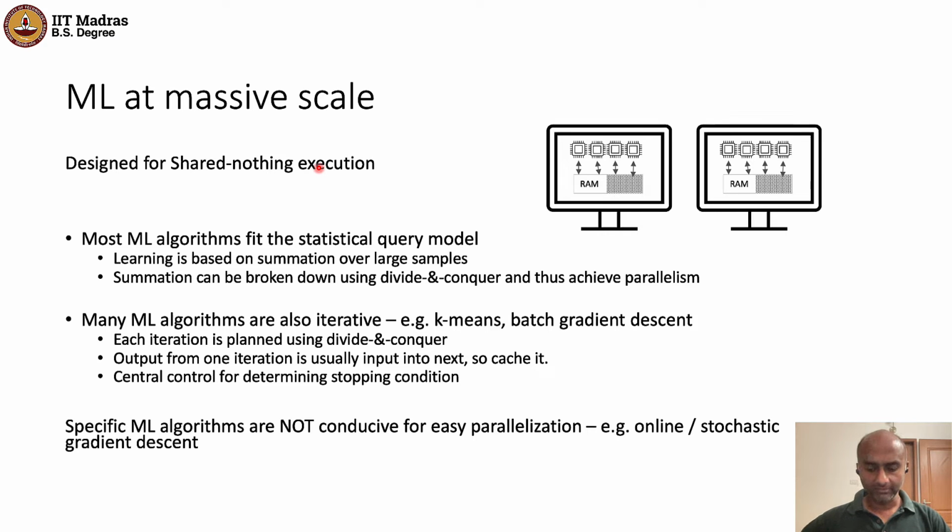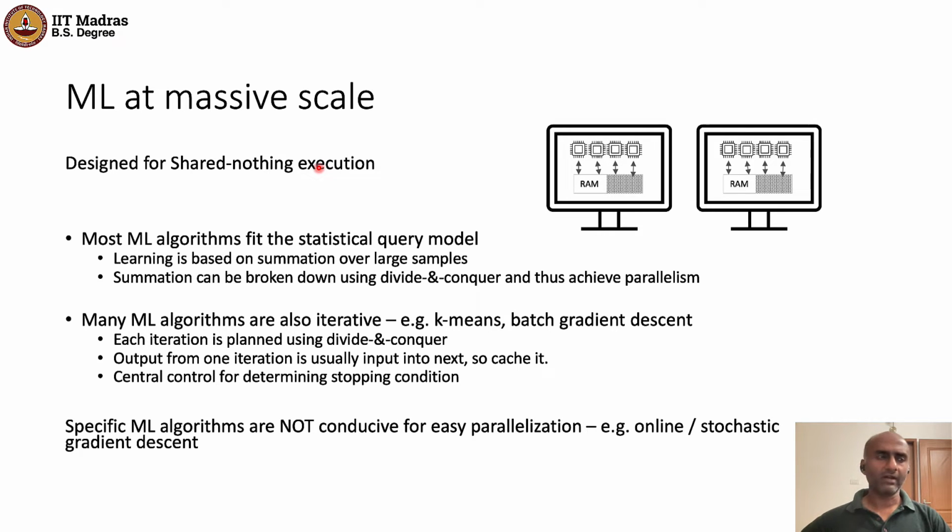So, in fact, there was this really interesting paper that came from researchers at Stanford, and later on, one of those researchers became a very popular figure in AI. His name is Andrew Ng, right? But at that time, Andrew Ng's lab was digging into which of the ML algorithms are conducive for expressing themselves using a MapReduce style computation.